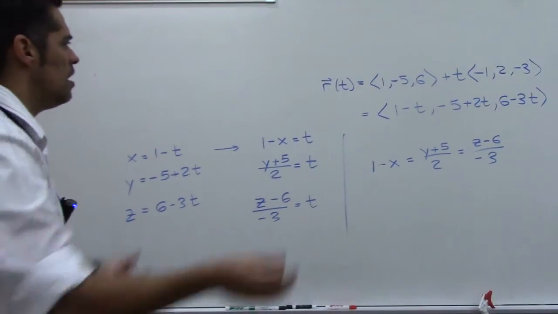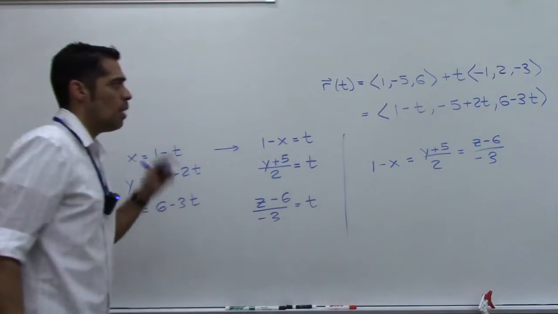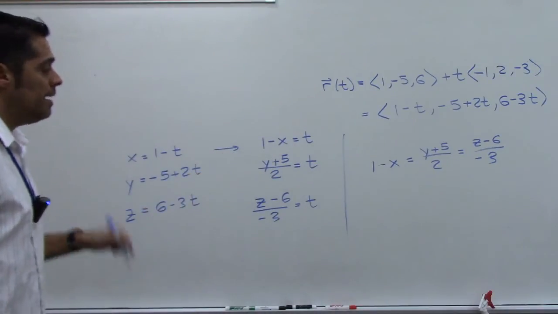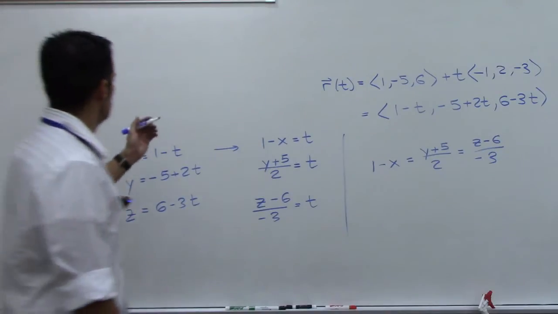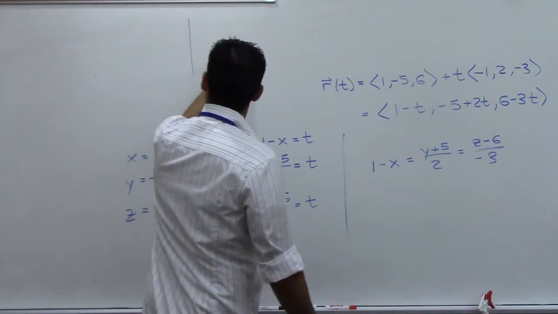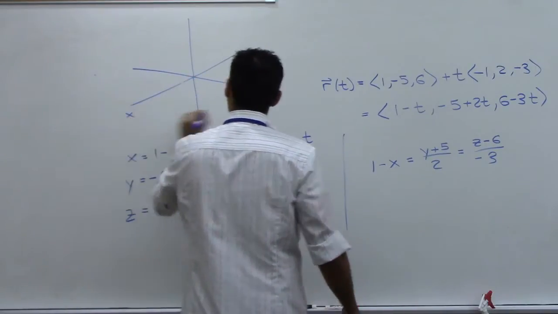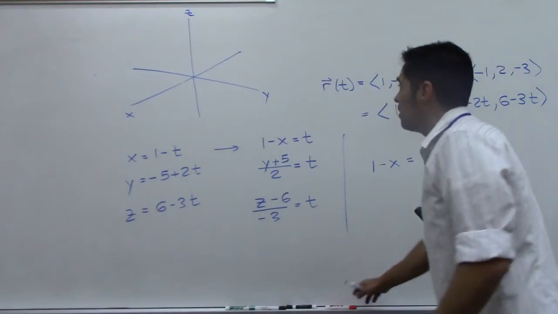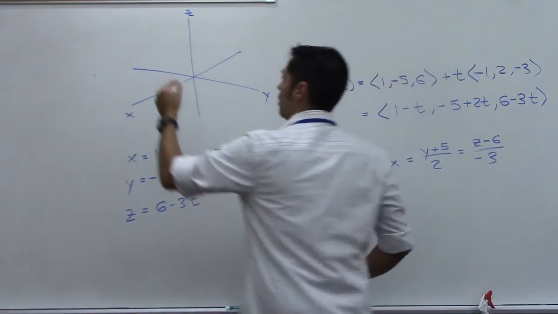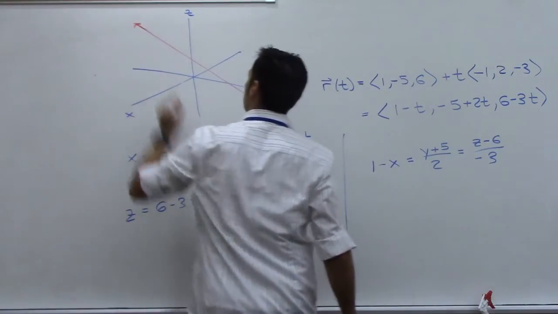So there's a line sitting out here in three-dimensional space, and we're trying to figure out where this line hits the coordinate planes. So imagine we have our standard x, y, z, and we've got some line arbitrarily drawn through here in three-dimensional space.